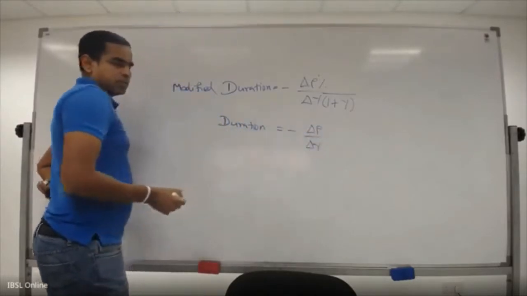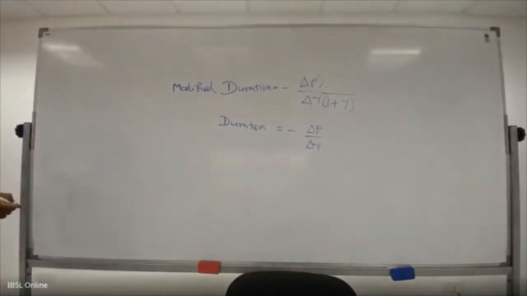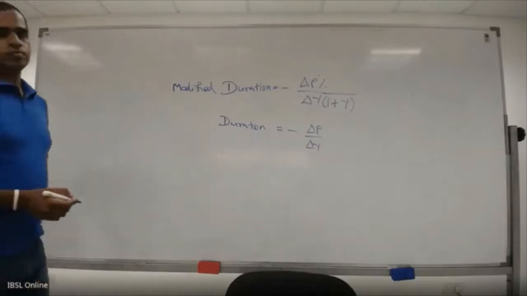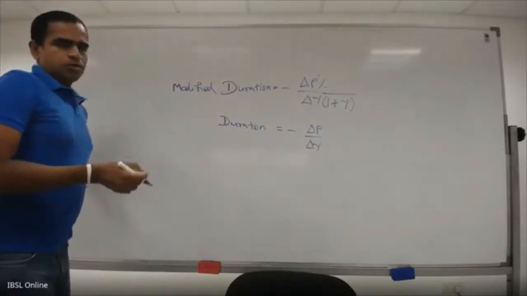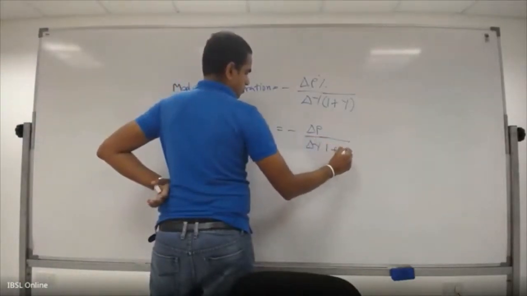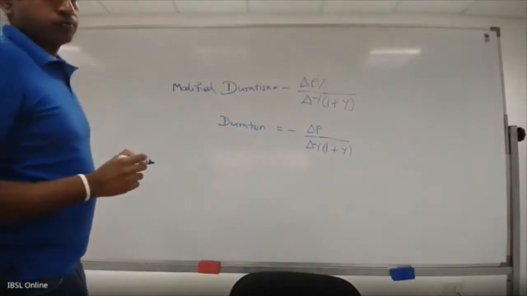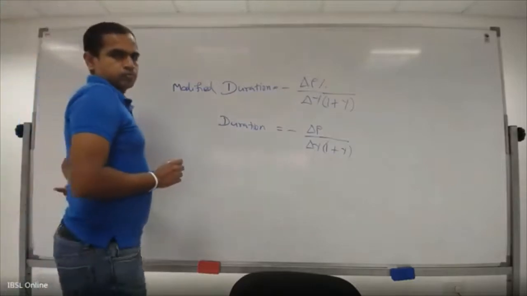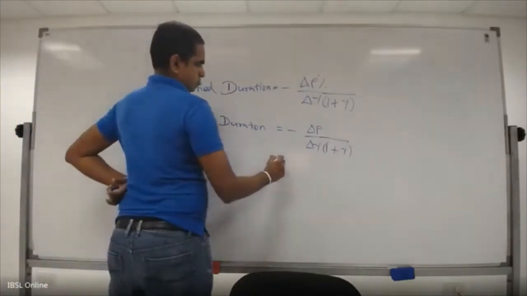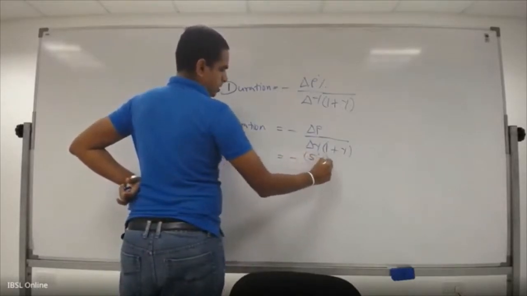Let's use Macaulay duration. Or you can even use modified duration. Price has dropped by 5%.